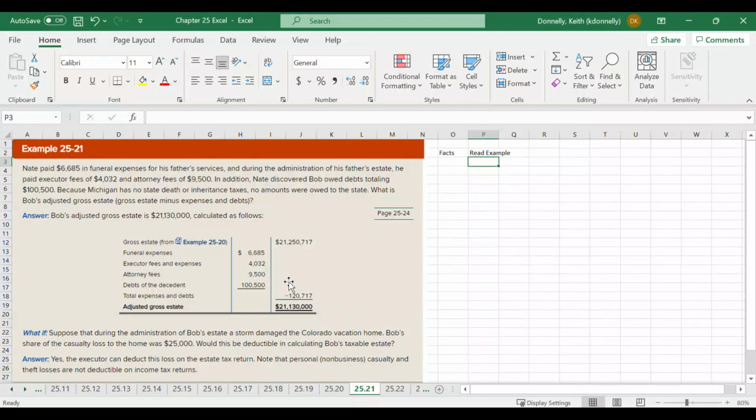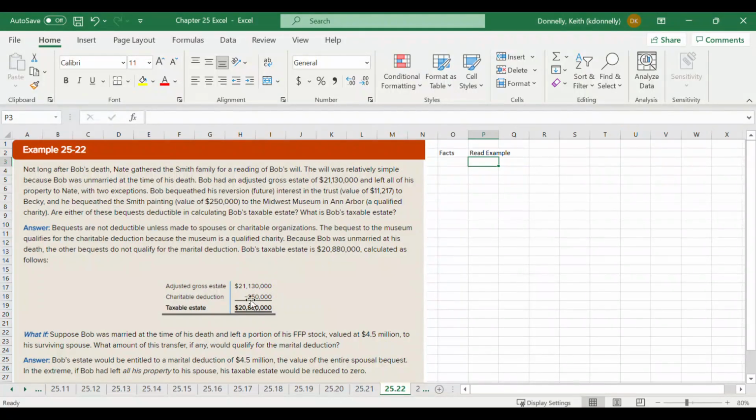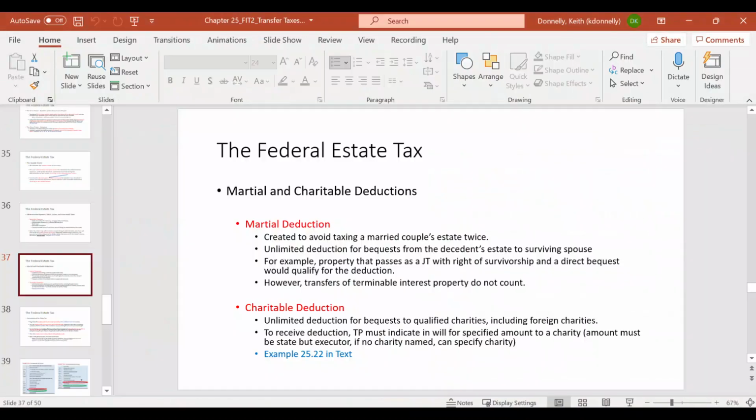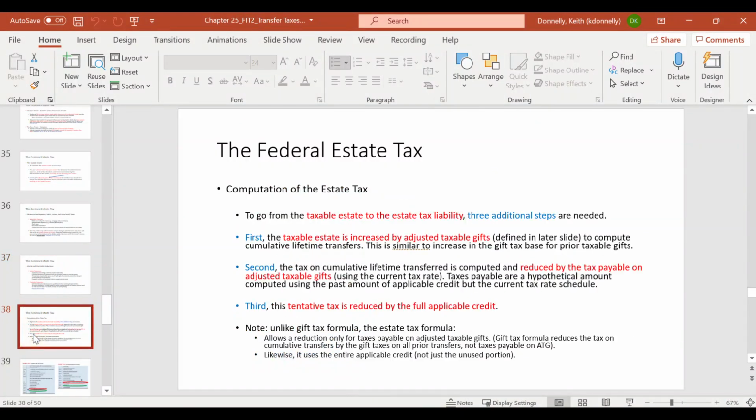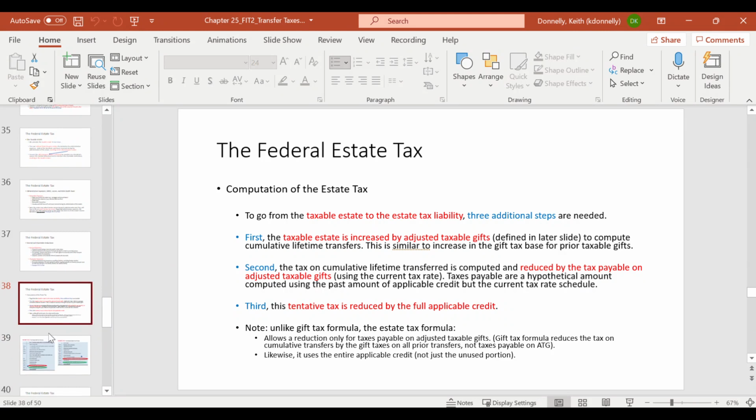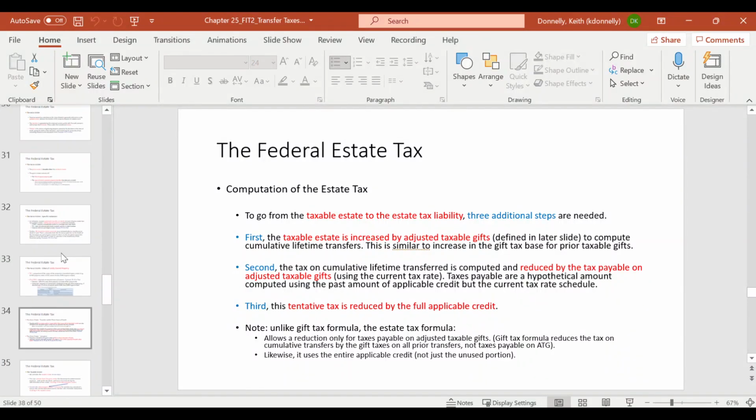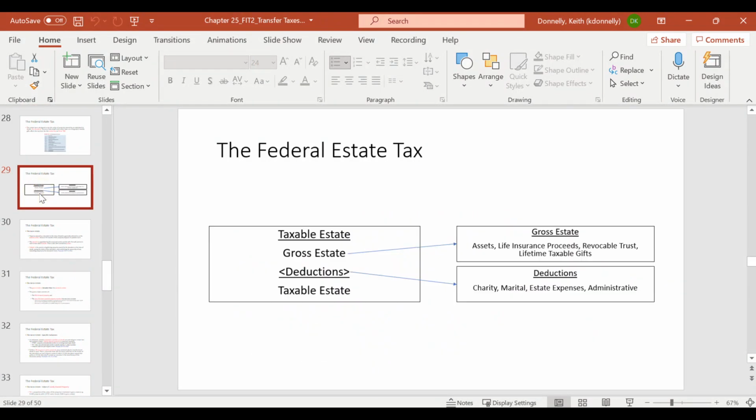So we're starting here. It looks like the gross estate. We back out those original expenses, which gets us to 21 million. From that 21 million, we back out, in this case, it looks like a charitable contribution. So now they're saying to get from the taxable estate to the estate tax liability, we're going to have 3 more steps.